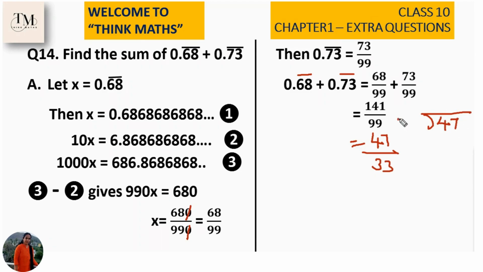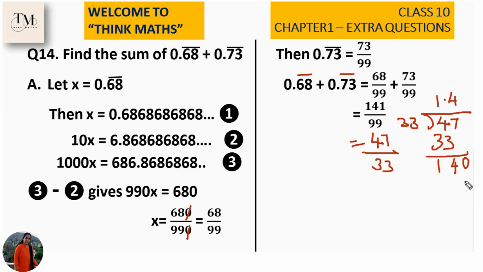47 by 33. I think it goes 1 time. So 7 minus 3 is 4, 4 minus 3 is 1. So we cannot divide this 14. So I add a 0 and a decimal point here. 140. So I think it goes 4 times.